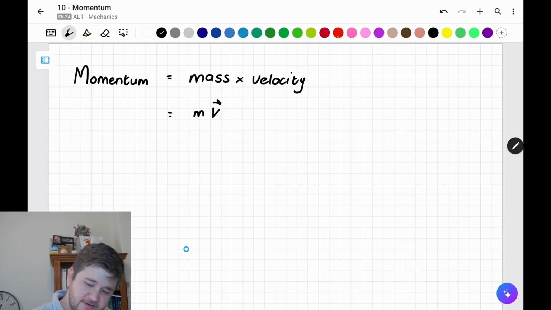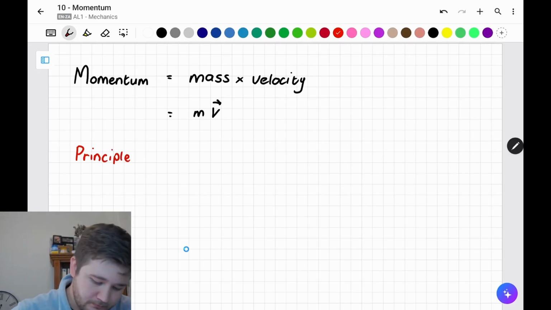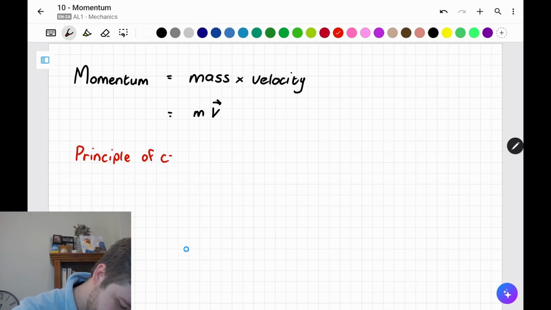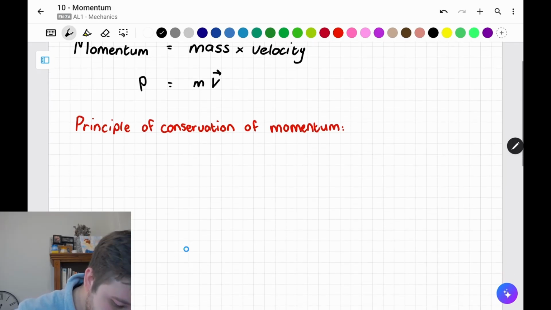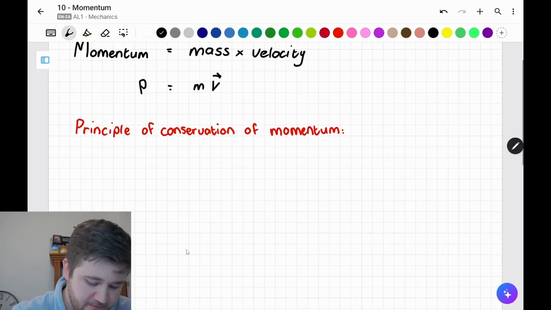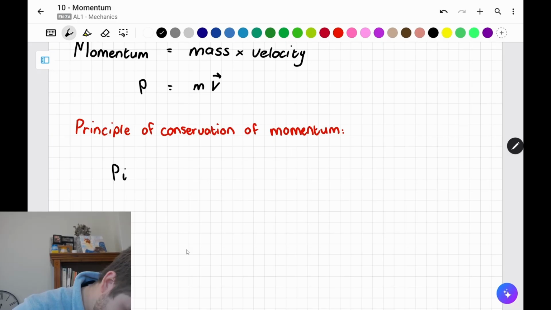The principle of conservation of momentum states that, just a note here, momentum can also be written as P, which you should be used to from physics. So, our P initially should equal our P finally.